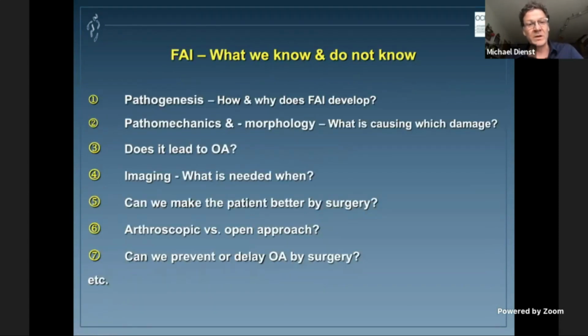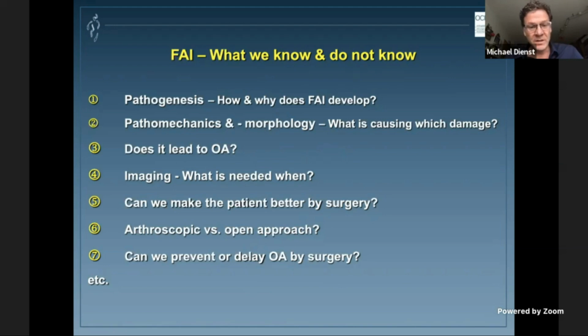The important question with respect to our presentations today is what do we know and what don't we know? There are several aspects such as the pathogenesis, how and why does FAI develop, pathomechanics, morphology, what is causing damage? The question is, is it really leading to osteoarthritis?